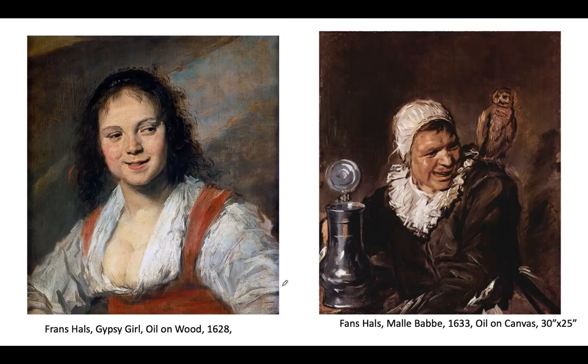So this one on the left is the Gypsy Girl, and it's not a commissioned finished portrait. It was just a study, him figuring out how to paint her face. And this is another one over here, Malle Babbe, supposedly an alcoholic or mentally ill person.